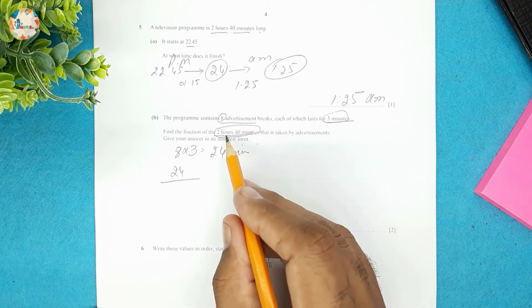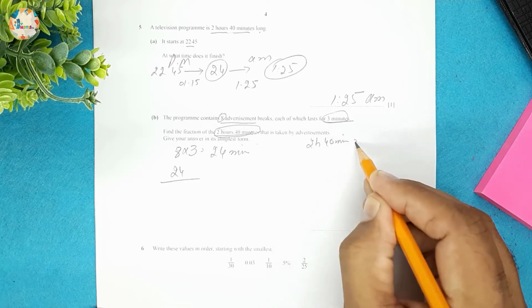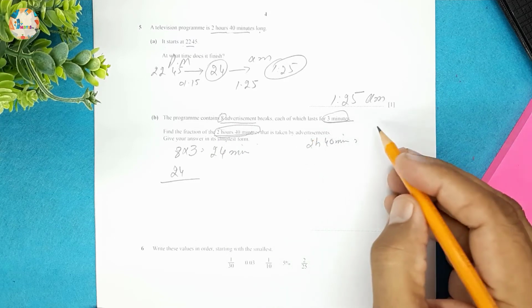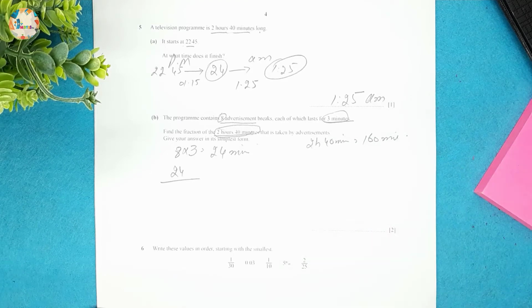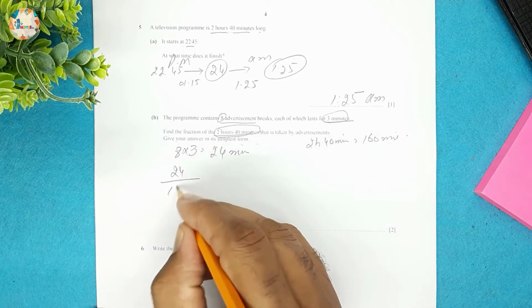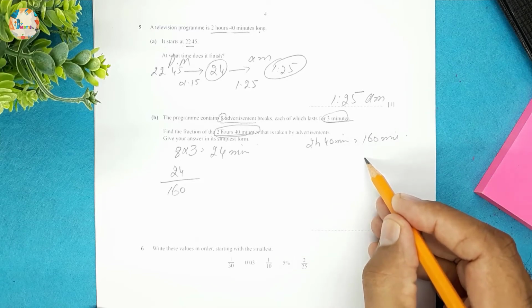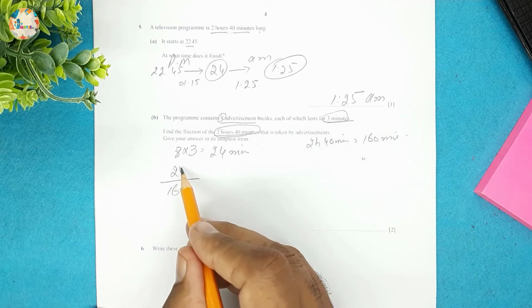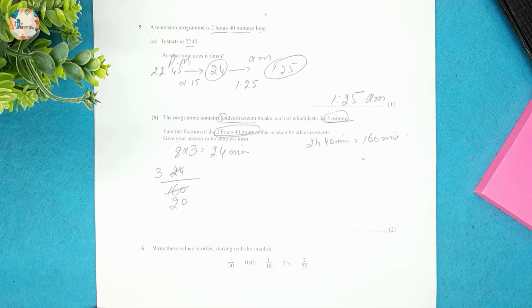We can convert into minutes, so 2 hours and 40 minutes will be equal to 120 plus 40, which is 160 minutes. So this will be 24 divided by 160. So we can cancel: 8 3s are 24 and 8 20s are 160, so it will be 3 over 20.